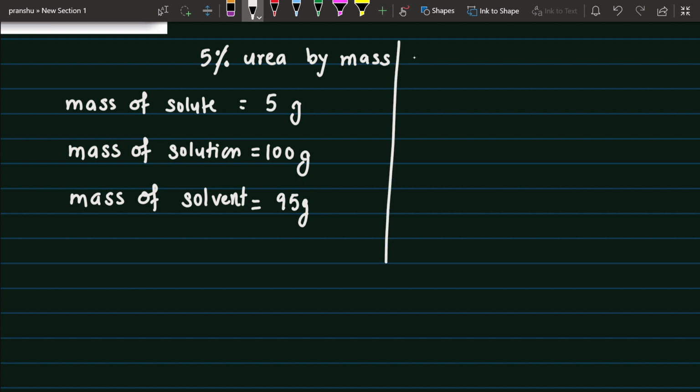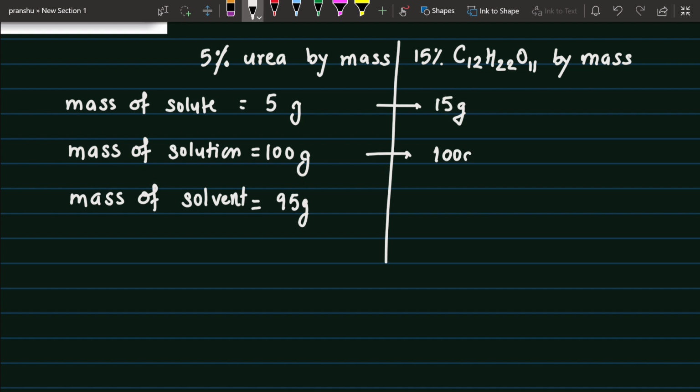Similarly, if we say we have 15% cane sugar by mass, in that case mass of solute becomes what? 15 gram, but the percentage maximum quantity remains 100 gram, so the solvent quantity becomes 85 gram.